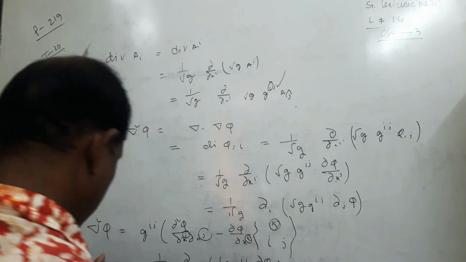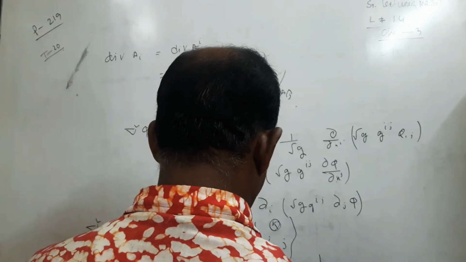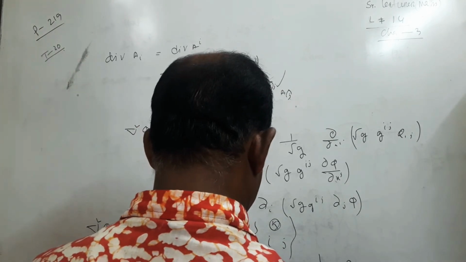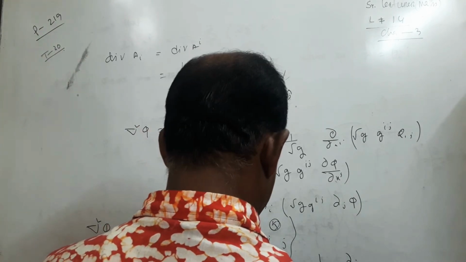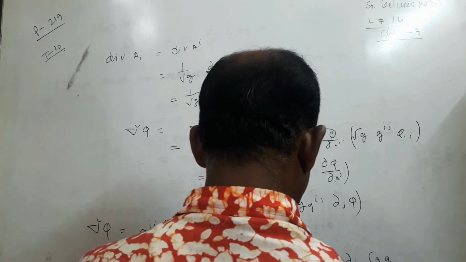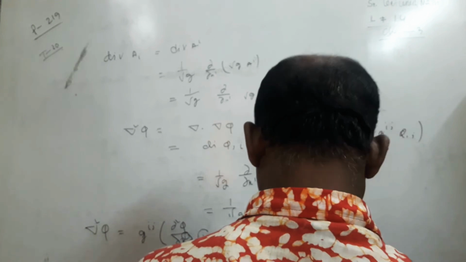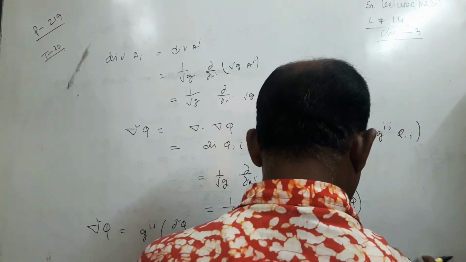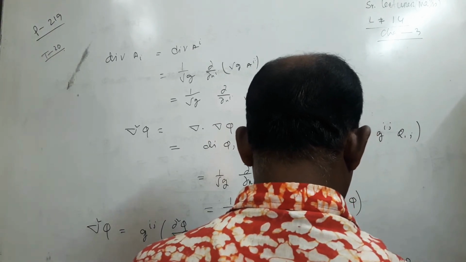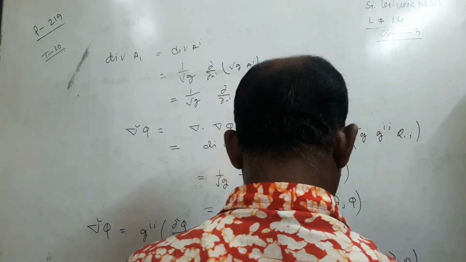That's equal to 1 by root g del by del x^i of root g g^{ij} into phi comma j. It's denoted del j.